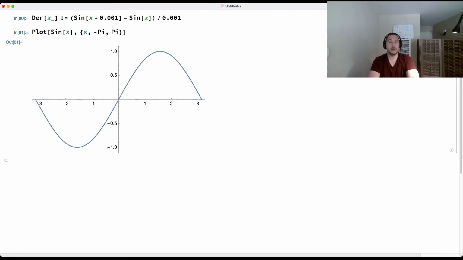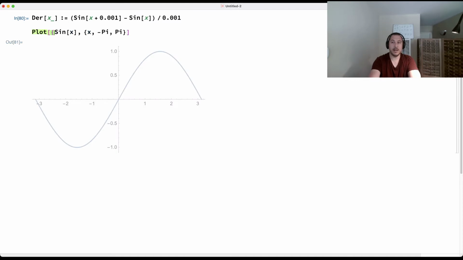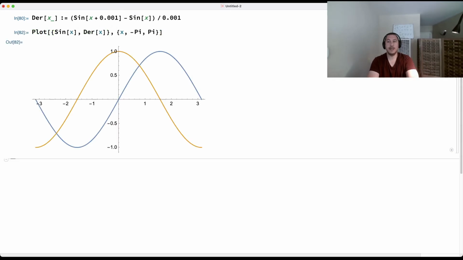Does everyone see the graph of sine right there? Now let's plot what its derivative appears to be. The derivative is the one in orange. Looking at this, what does that derivative look pretty close to?